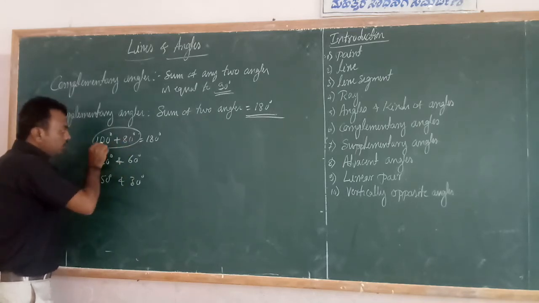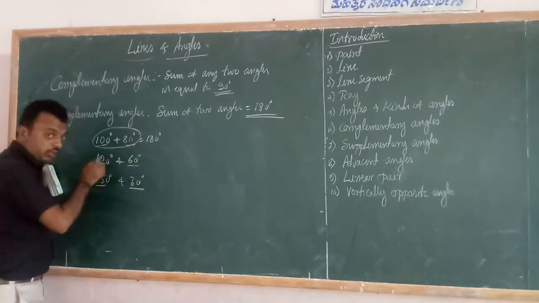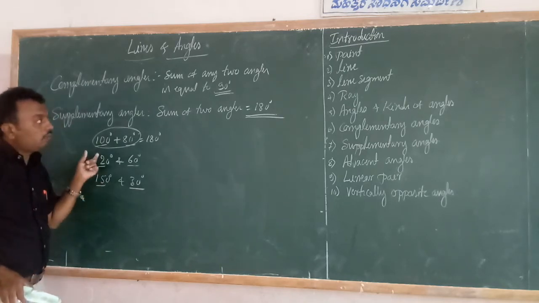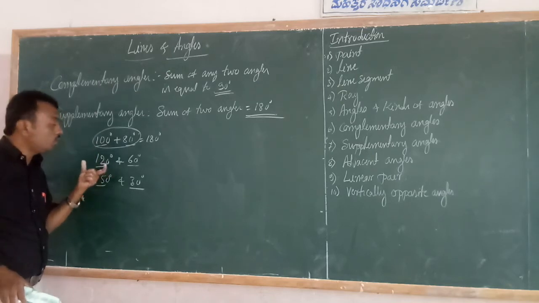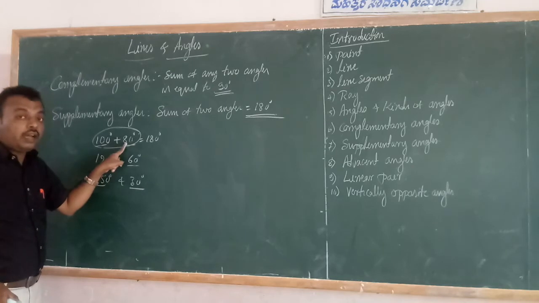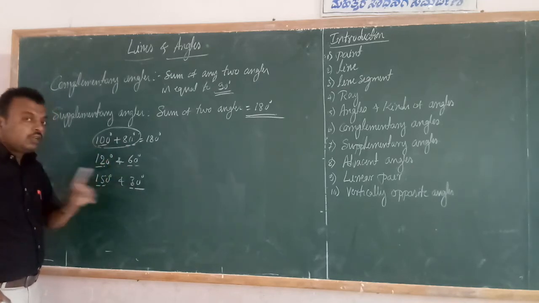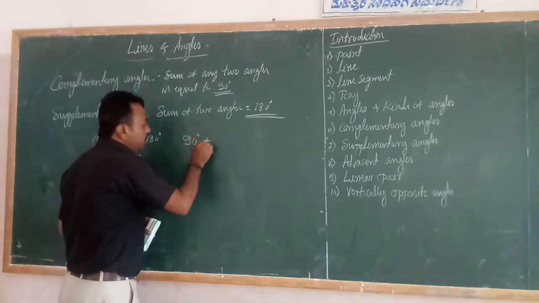Okay. See, observe students, 100 degree, 80 degree, 120 degree, 60 degree, 150 degree, 30 degree. You should observe these examples. In supplementary angles, the sum of the two angles is equal to 180 degree. How are the two angles? One angle should be obtuse and one angle should be acute, except one case, that is 90 degree plus 90 degree.